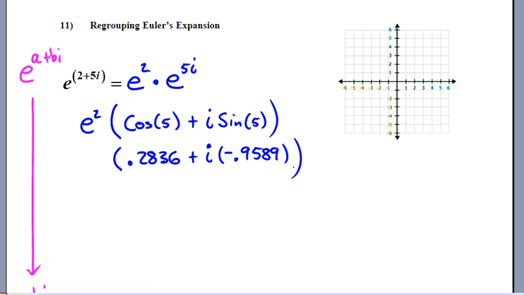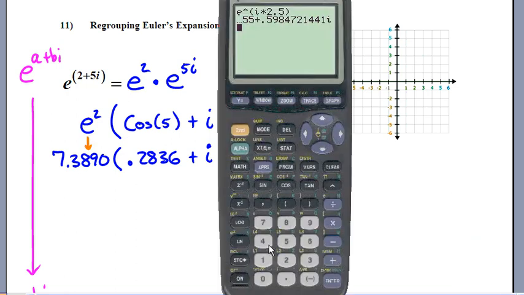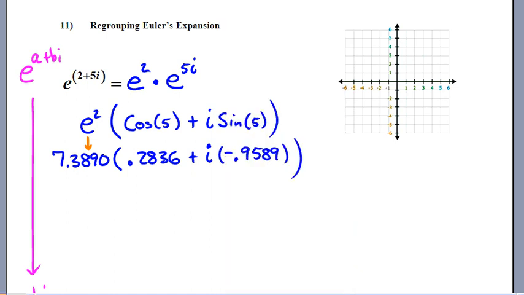And all of that is going to get multiplied by e squared. e squared is roughly 7.3890. If I take my calculator and ask, what is e squared? Yeah, 7.3890. All I do now is distribute that 7.3890 onto those numbers.